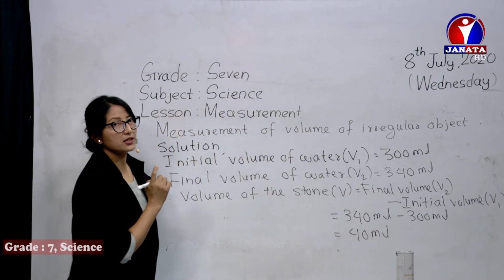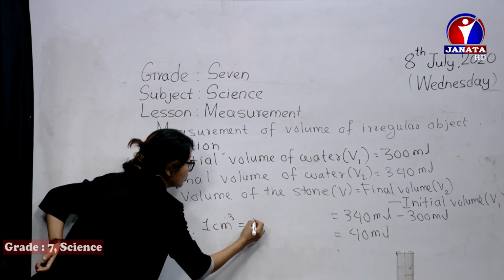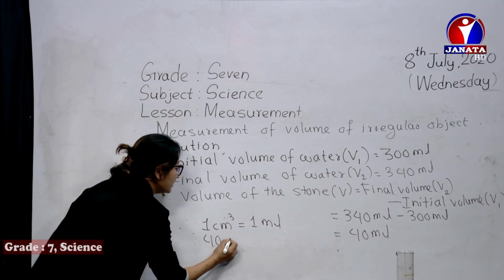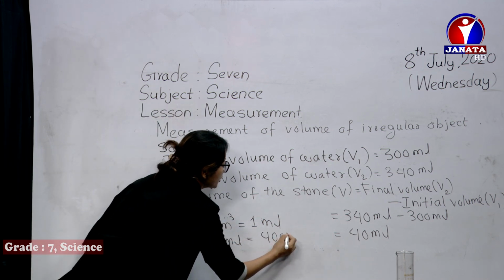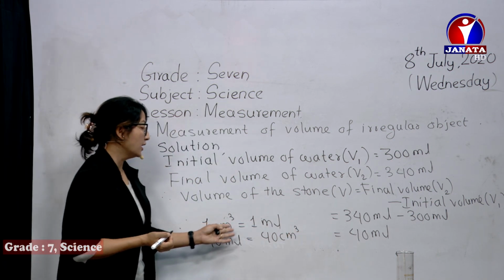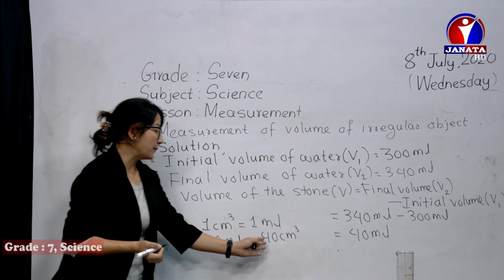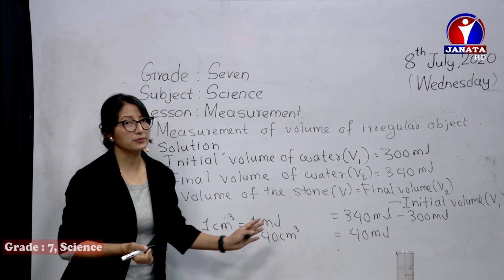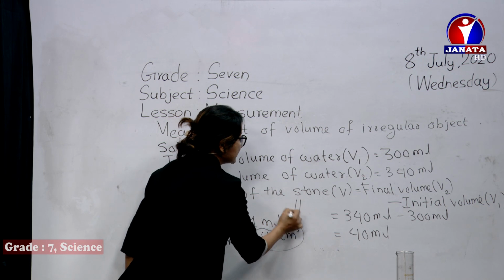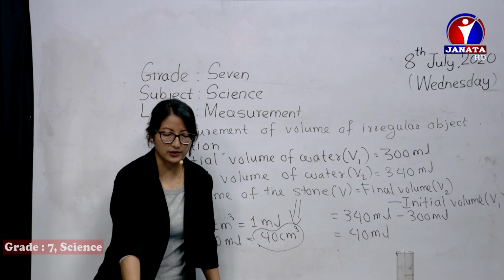In the previous relation, we learned that 1 centimeter cube is equal to 1 ml. So we can easily say 40 ml is equal to 40 cm cube. So this is the volume of the irregular object, that is the stone. This is how we calculate the volume of an irregular object.